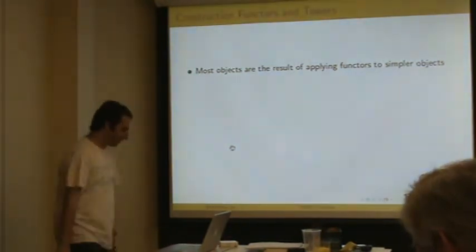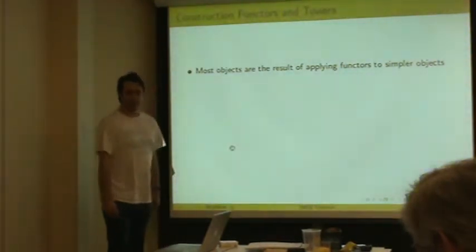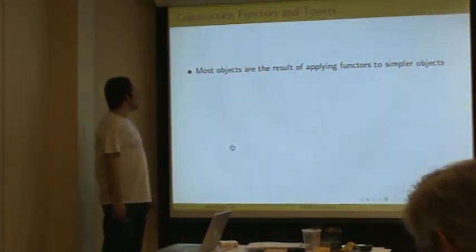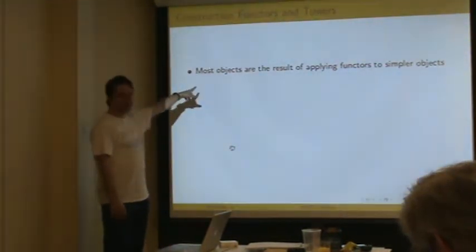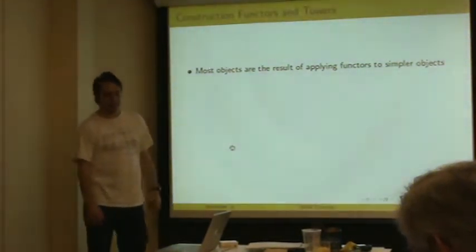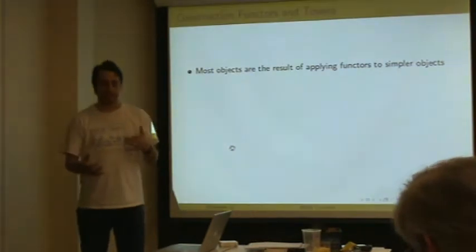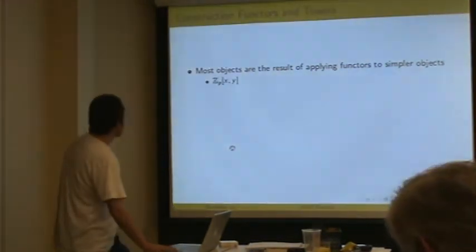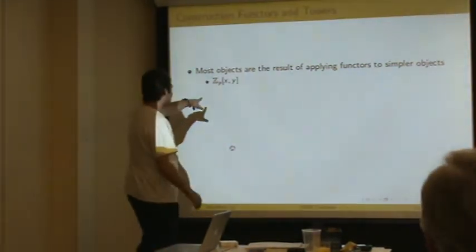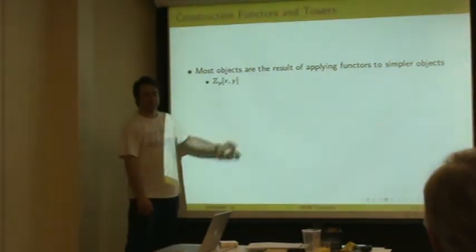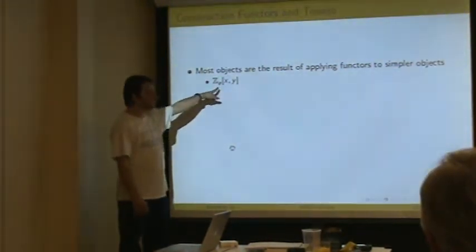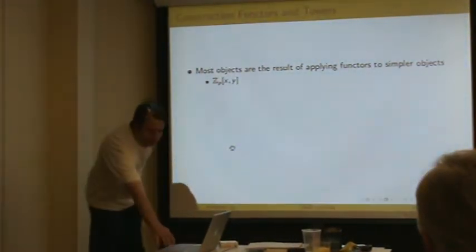So, kind of the way you can look at this is a lot of things you get are really just applying functors to simpler objects. For example, this right here is completion at P, and then you join X and Y. You start with the integers and you just do those two functorial operations.